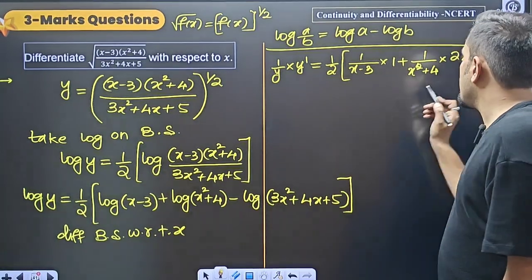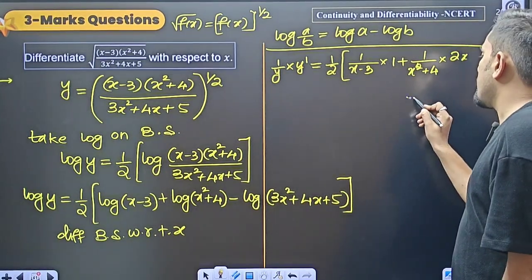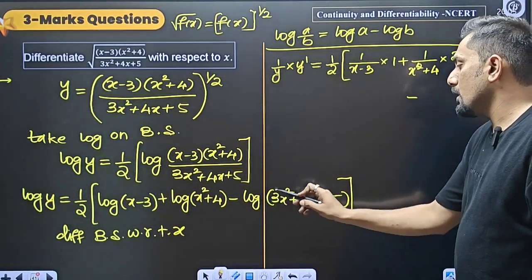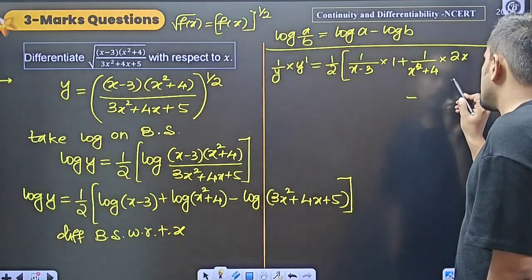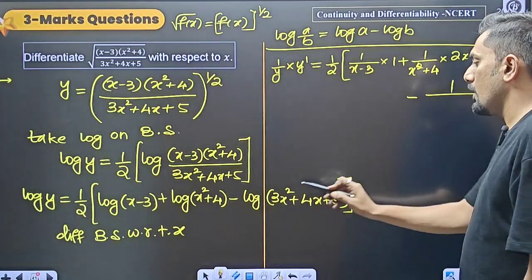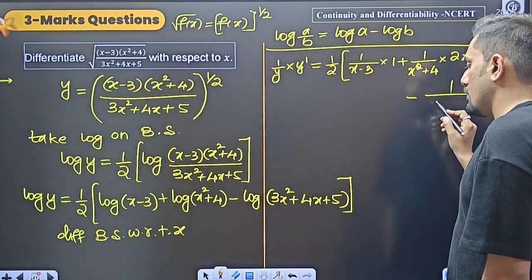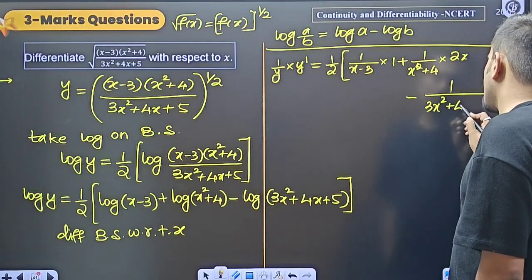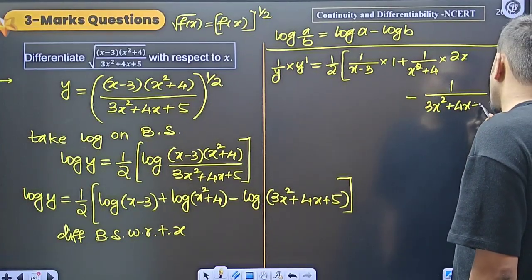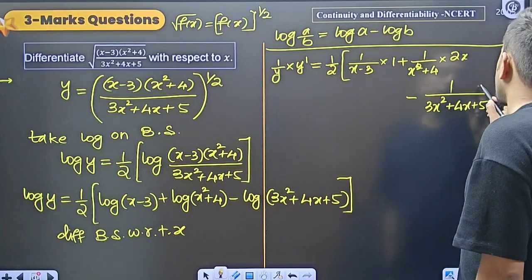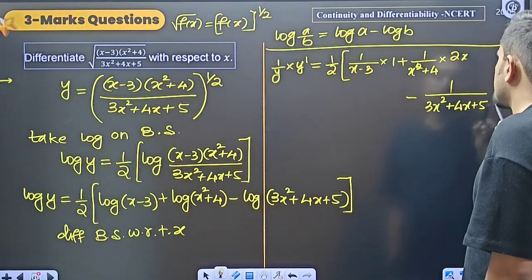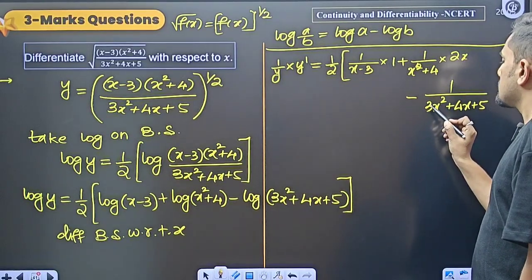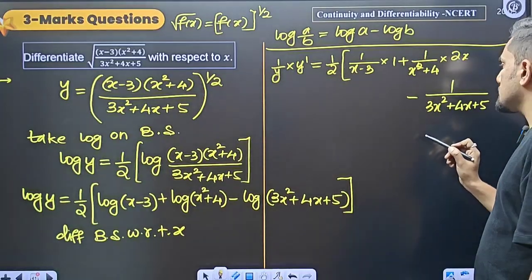Then minus of log of this function, derivative of log of this function is 1 divided by 3x square plus 4x plus 5 multiplied by the derivative of this, which is 3x square, the derivative 6x.